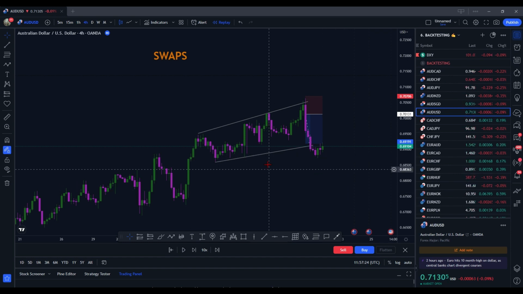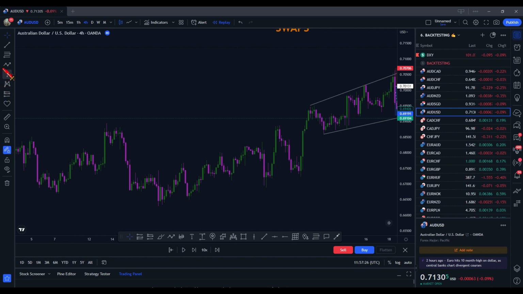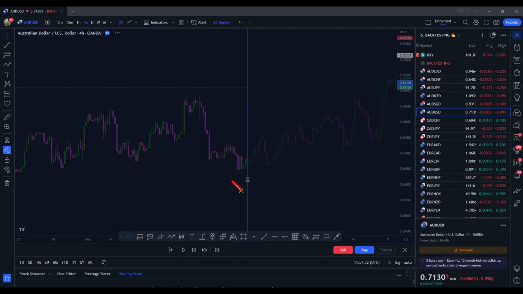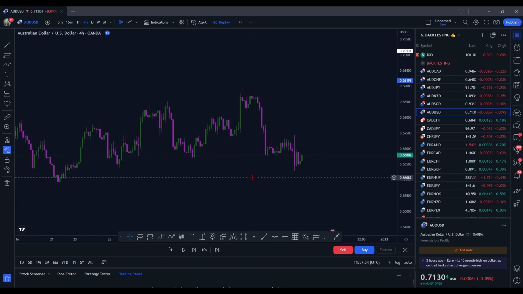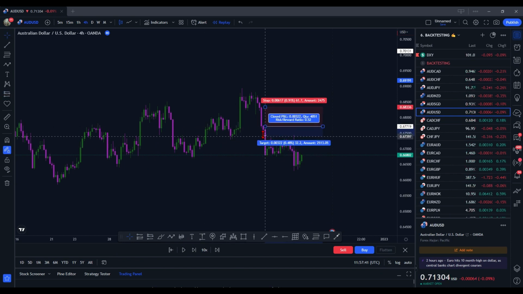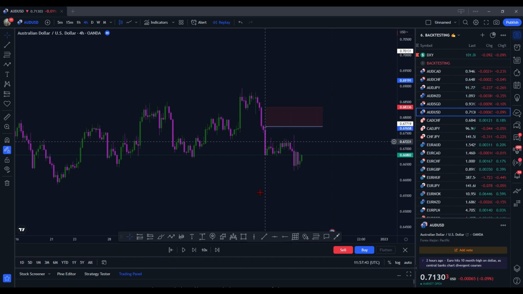So swaps can definitely stack up on you, especially if you're in a sideways moving market, and this is the second scenario. Let's just say that I took a position over here and I was in a short position and I just left it on break even for whatever reason.